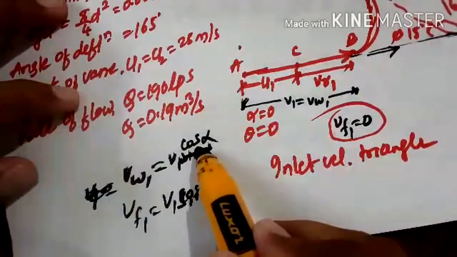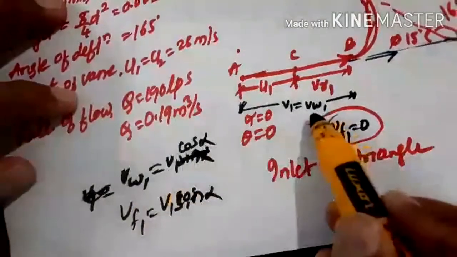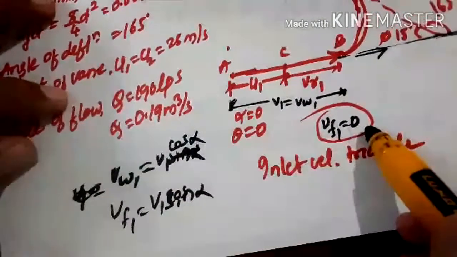Cos 0 is 1, so V1 is equal to VW1. Sine 0 is 0, so VF1 becomes 0 here.